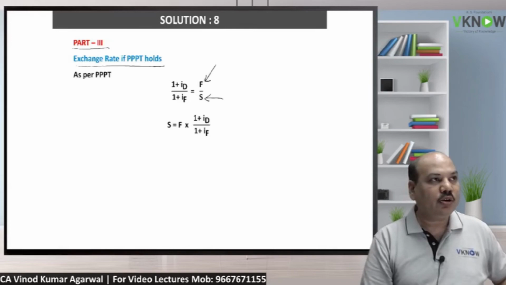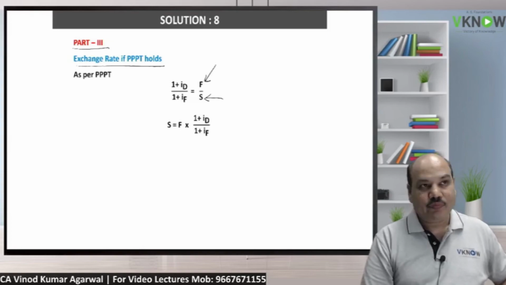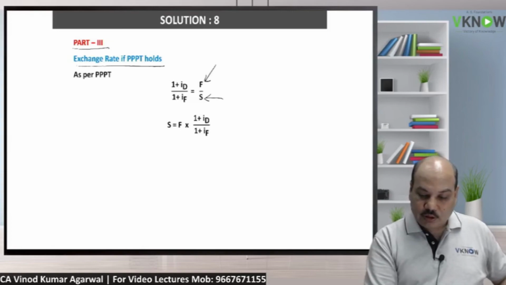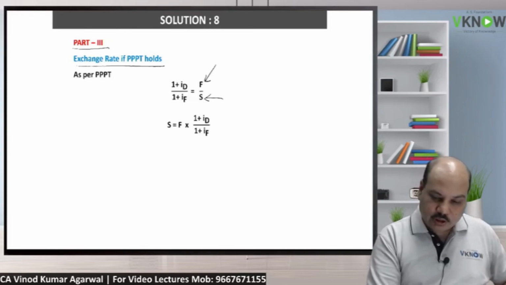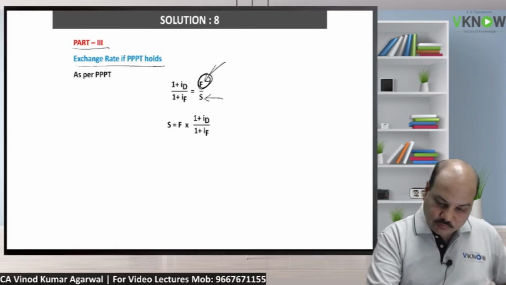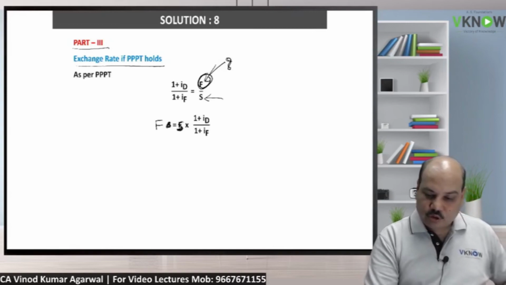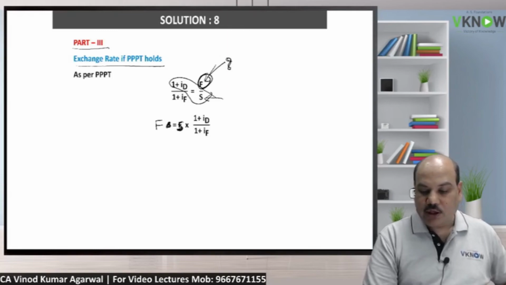Easy, not at all difficult. Ready? Write down. So I need to find out what will be the forward rate. I need to find out this. This is my question mark. So the forward rate is equal to the spot rate cross multiplied into 1 plus ID upon 1 plus IF.